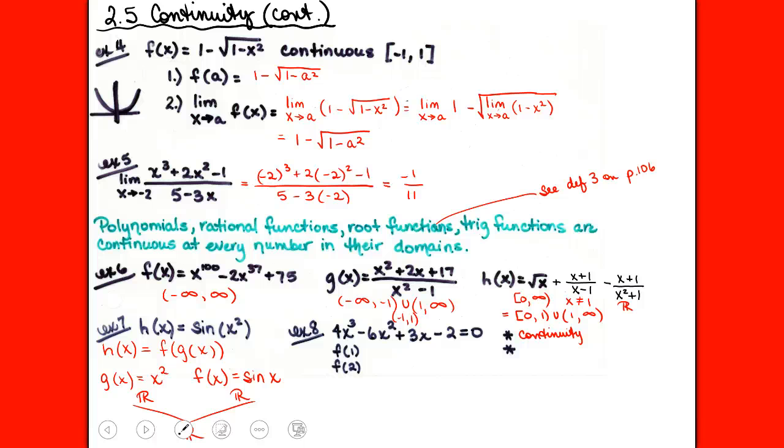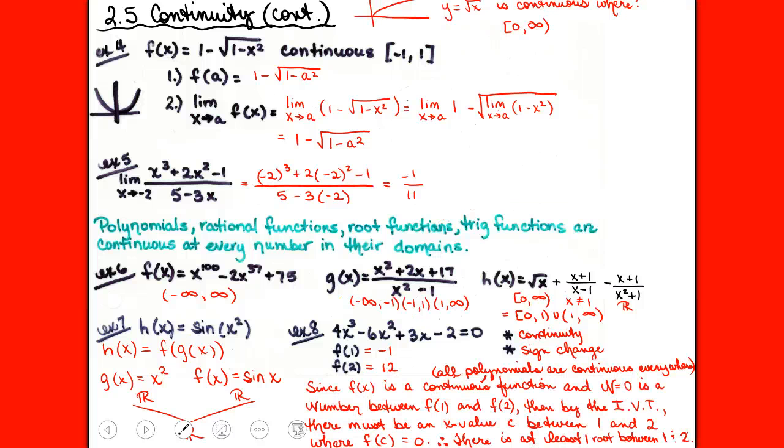All right, so since I'm continuous, the second thing that I'm going to want to look for to prove that there's a root here is a sign change. If you think about it, if I plug in 1 and I get -1, and I plug in 2 and I get +12, there's a sign change there. How do you move from a negative value to a positive value without going through 0? Or how do you move from a positive value to a negative value without going through 0, right?